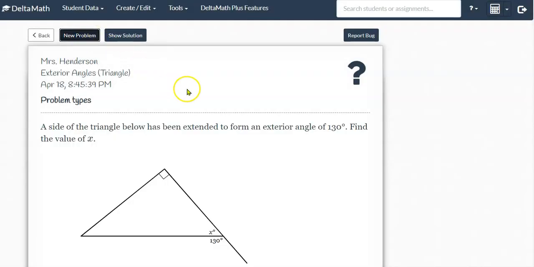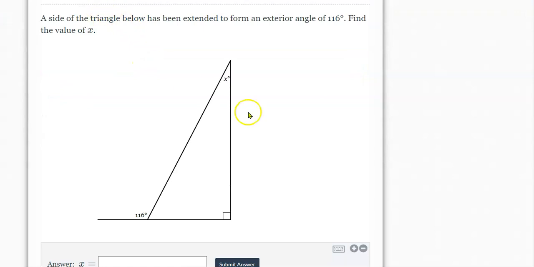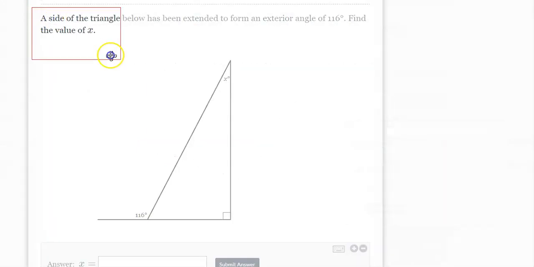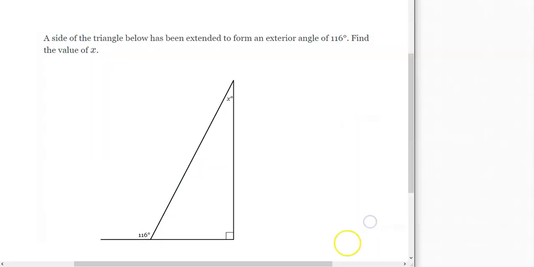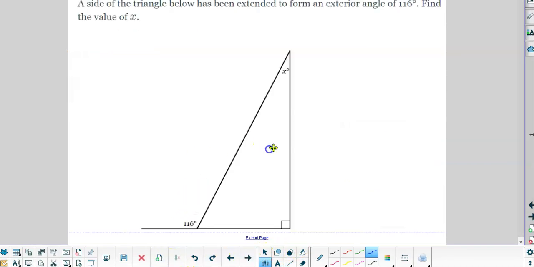Let's see if we can get another one like that. Yes, this one. All right, so let's take a screenshot real quick. All right, so this exterior angle right here is equal to adding up these two angles here.